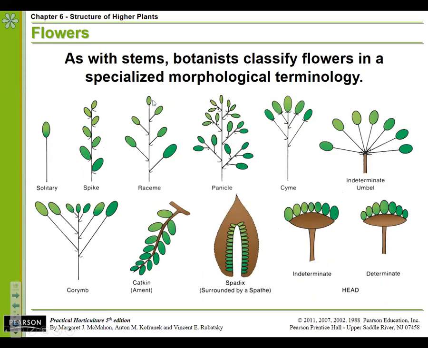So different morphological terminology here, and how the botanists classify the flowers are by, and these are all for inflorescences other than this solitary flower, the rest of them are clusters of flowers. So whether it's on a spike or a raceme or a panicle, an umbel, these all have different shapes of the flower clusters that we look at for identifying the plant itself.